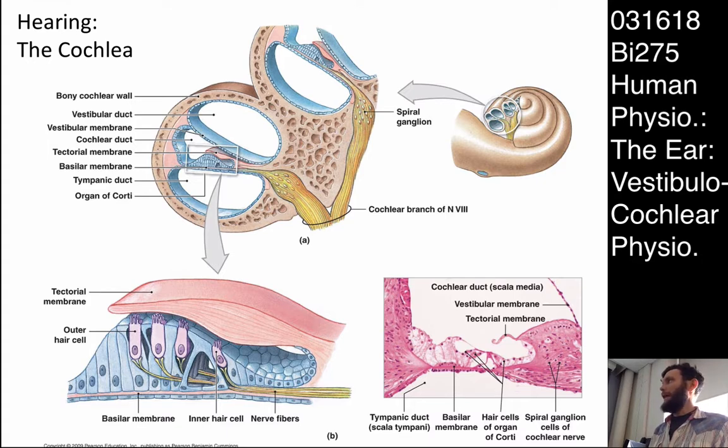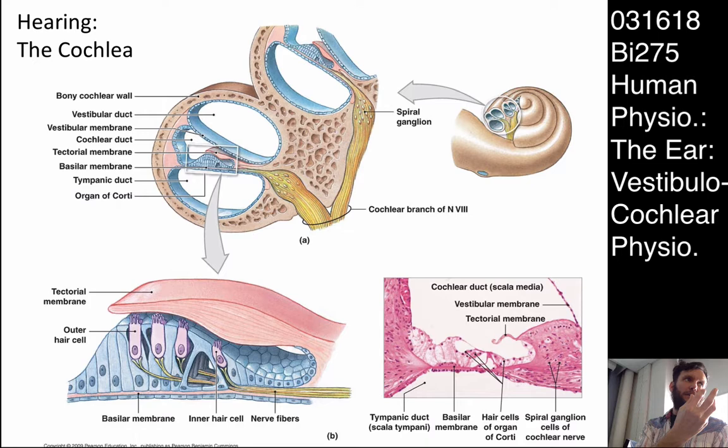There is a layer of simple columnar epithelial cells that has embedded in them these specialized sensory receptor cells. There is a row of inner hair cells and then 3 rows of outer hair cells.